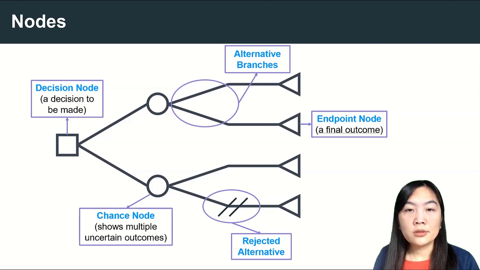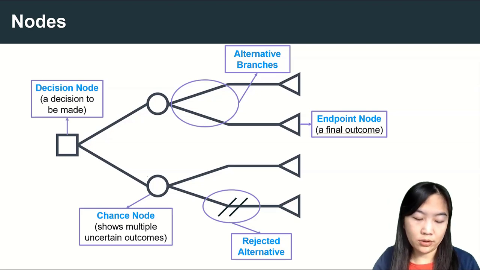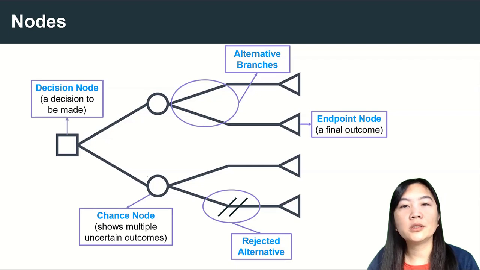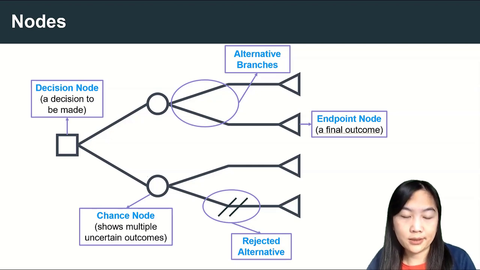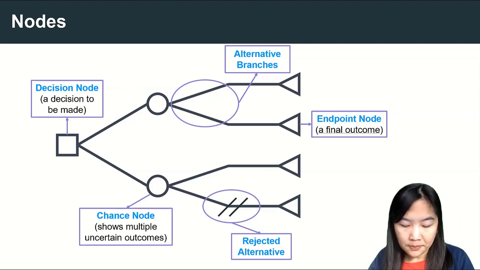So we also have names for the branches. If there are two branches there, or it could be three, then those are called alternative branches. So here it's also alternative branches.